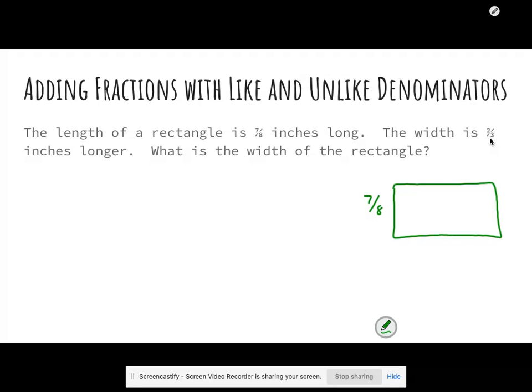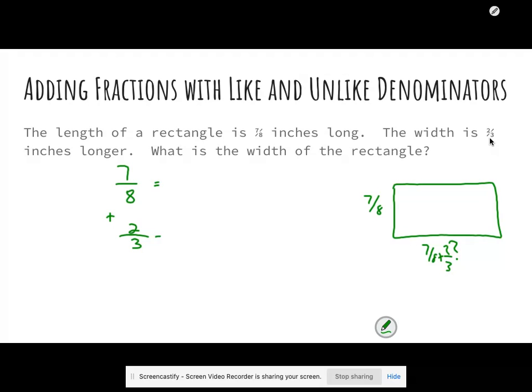So that's where I'm saying my length. And so then this, let's say, is my width. And so I need to make sure I add these two together. So 7/8 plus 2/3. So you could say this is 7/8 plus 2/3 is my question mark.